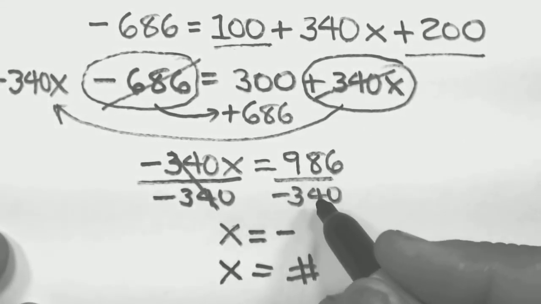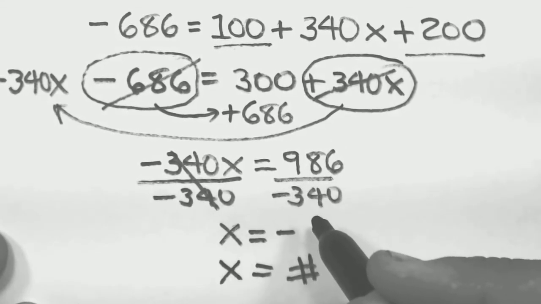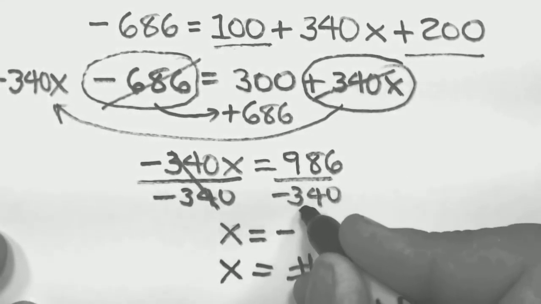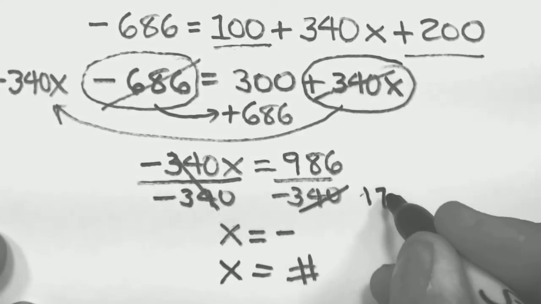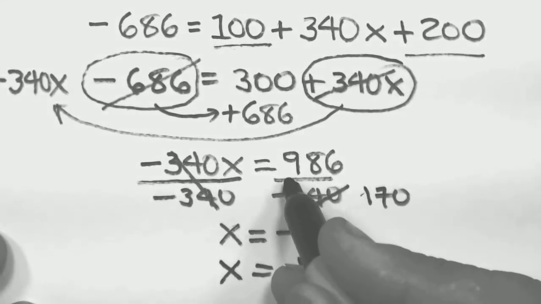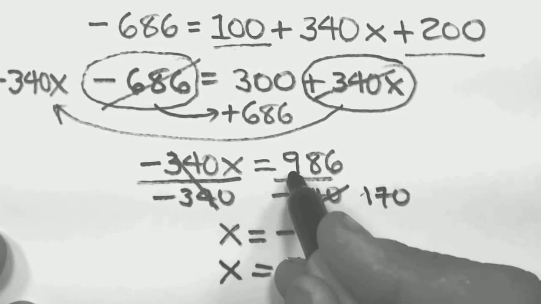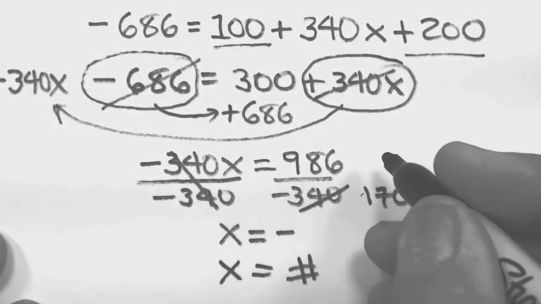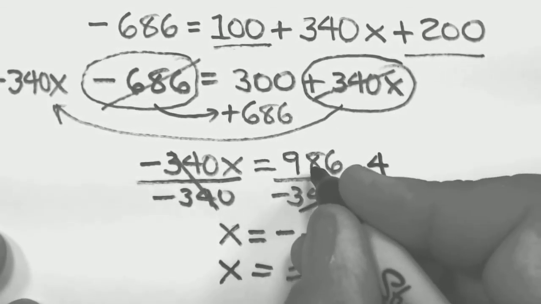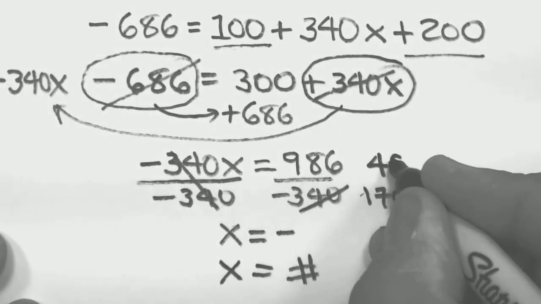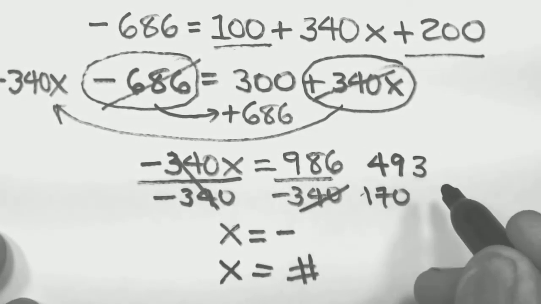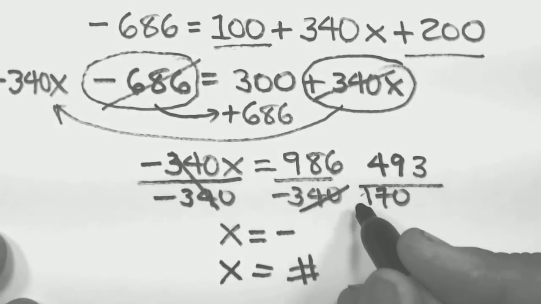They're both even, so the first thing I know is I can reduce a 2 top and bottom, so let's do that. 2 goes into 340, 170 times, and 2 goes into 986. Well, let's see. 2 goes into 9 4 times. We got 18. 2 goes into 18 9 times. 2 goes into 6 3 times. So here we are.